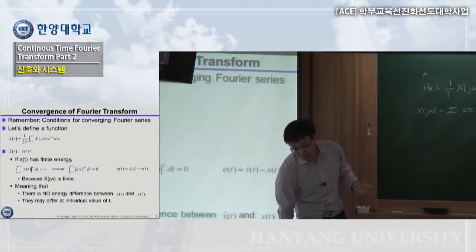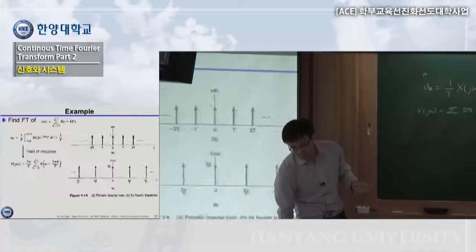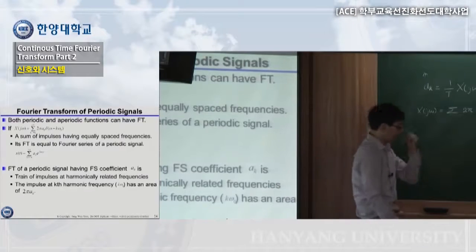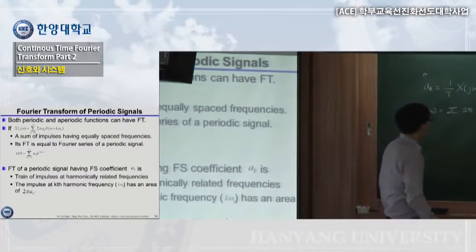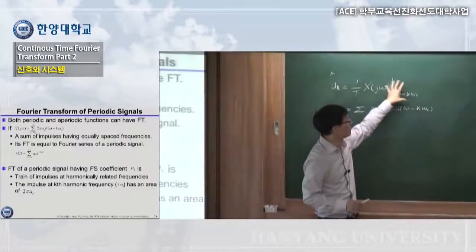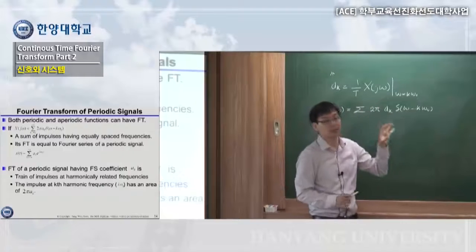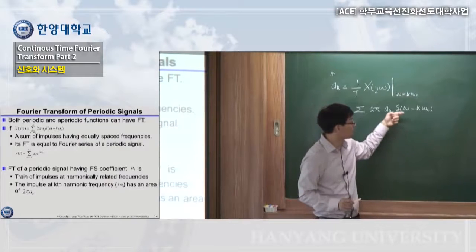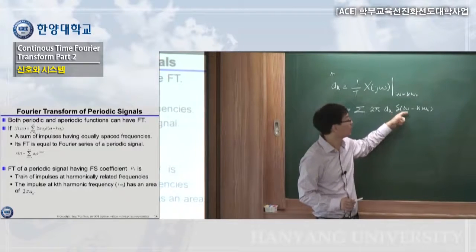So in here, we can consider them in a similar way. In the later part, we consider them as sampling. We are taking samples at equally spaced omega 0, right? The delta function works as a similar function.